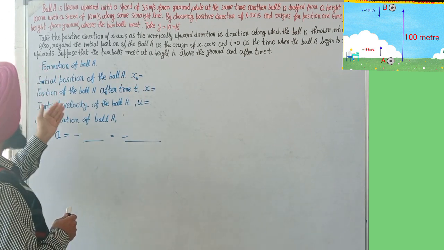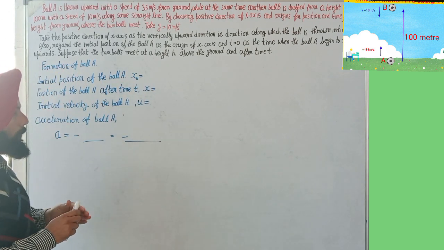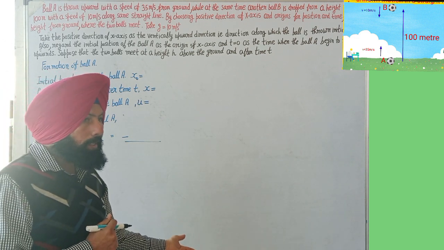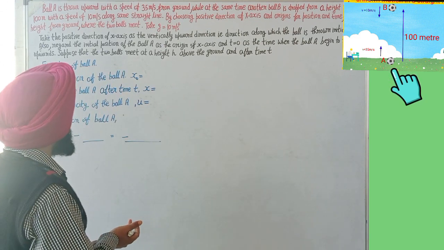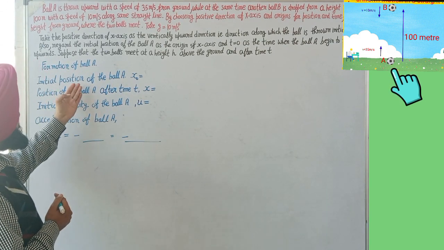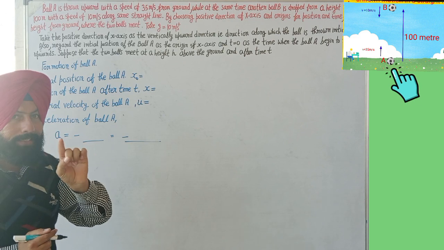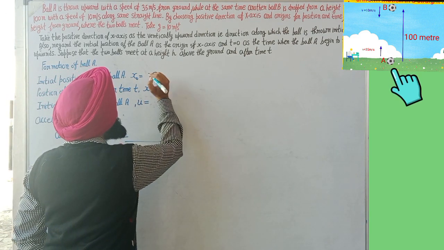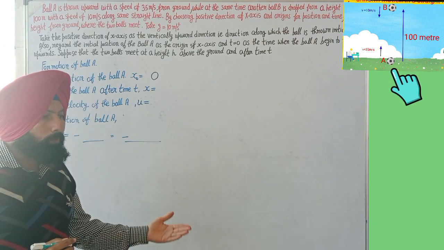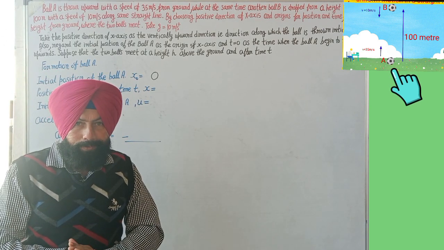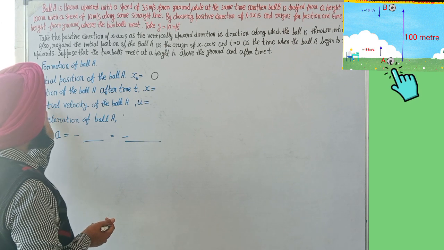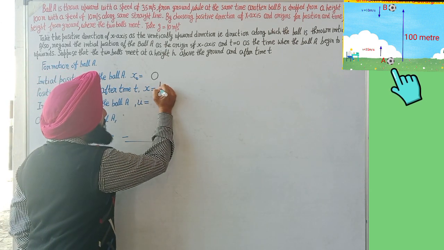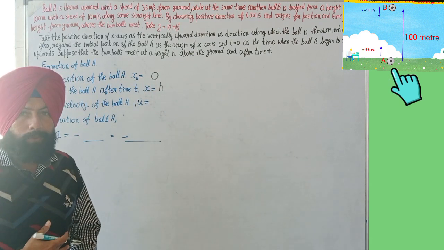Now students, for motion of ball A which is thrown vertically upward, the initial position of the ball, that is x naught, is at the origin of x-axis, that is 0, because the ball starts from the ground. Position of ball A after time t, that is x equal to h.